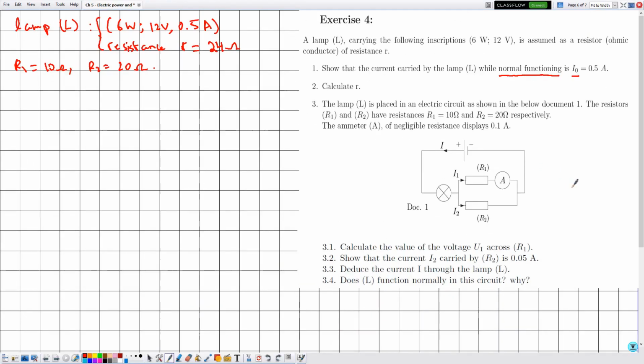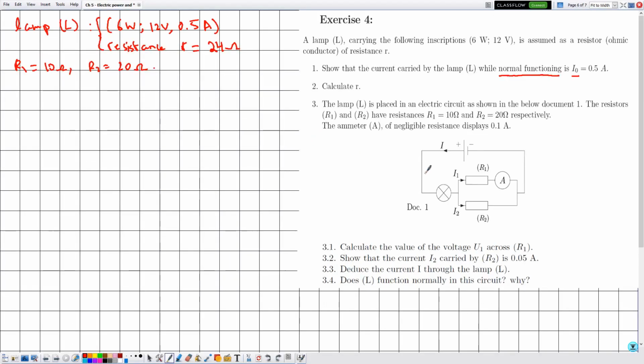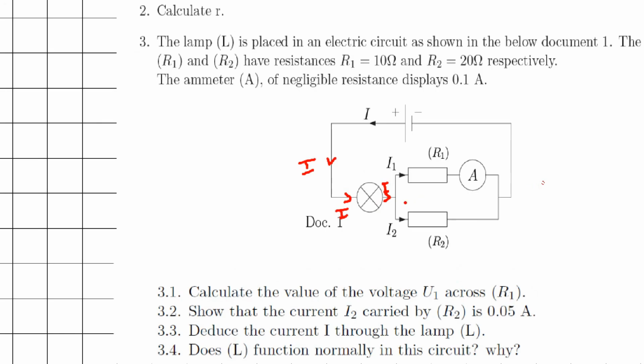So notice that this electric circuit is a closed circuit. Then it delivers an electric current given by I in the main branch. So this is the main electric current. This is also a main branch. So this is the electric current I. Notice that at this point, the electric current splits into two currents given by I1 and I2.